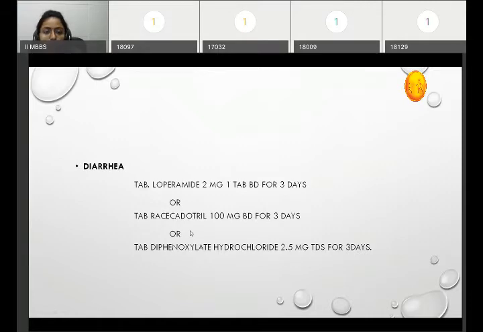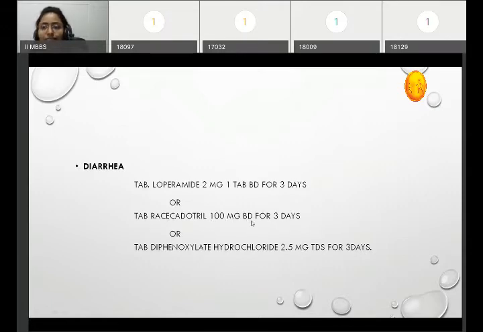These delta receptors require activation by enkephalins. What racecadotril does is prevent degradation of enkephalins, and in turn this causes decreased stimulation of delta receptors on the GIT, and hence the secretion is decreased. So the stool frequency decreases. So this is the mechanism of action of racecadotril.